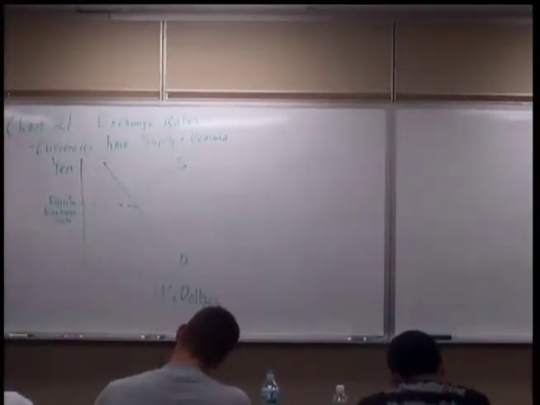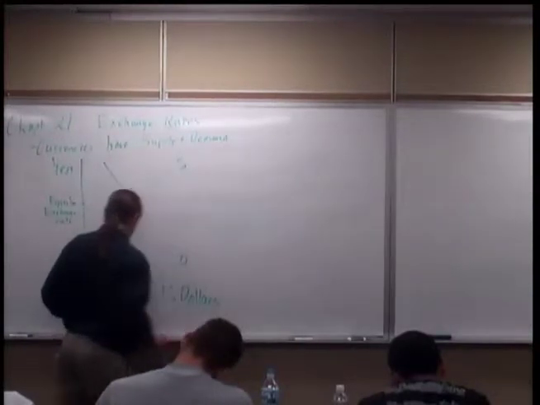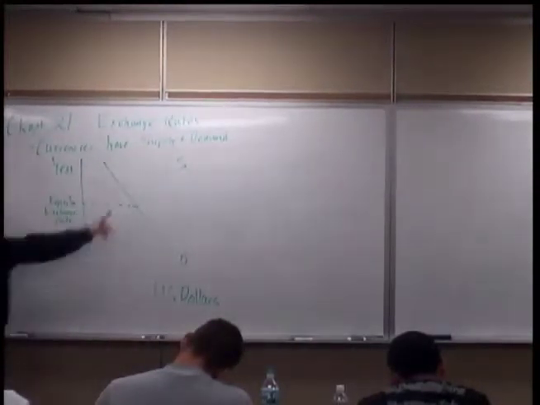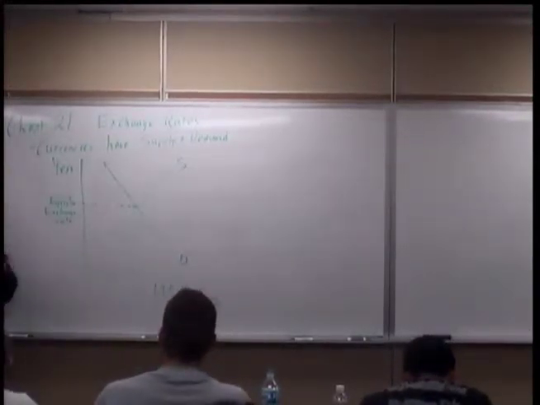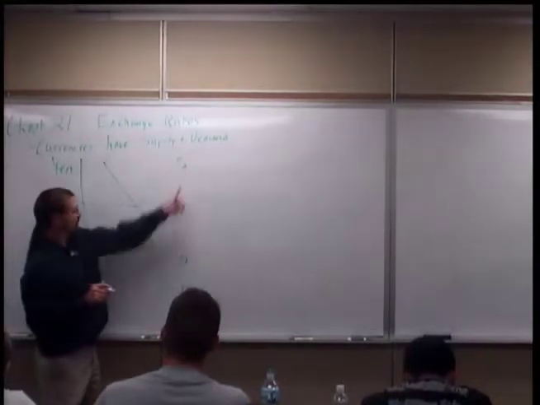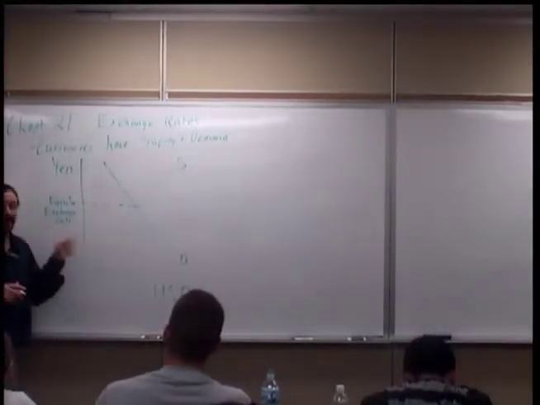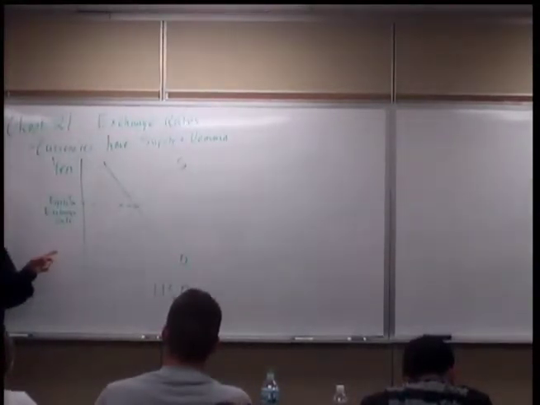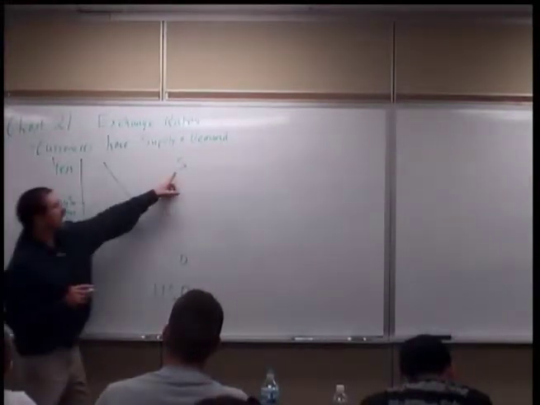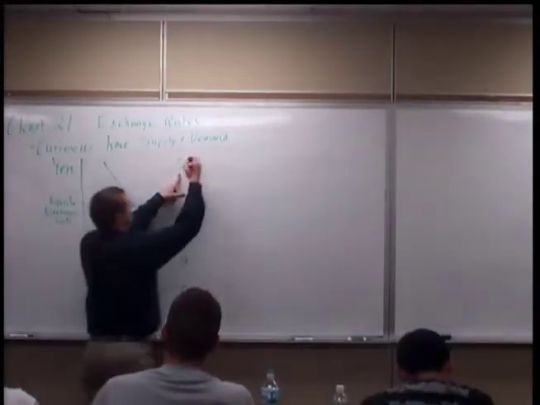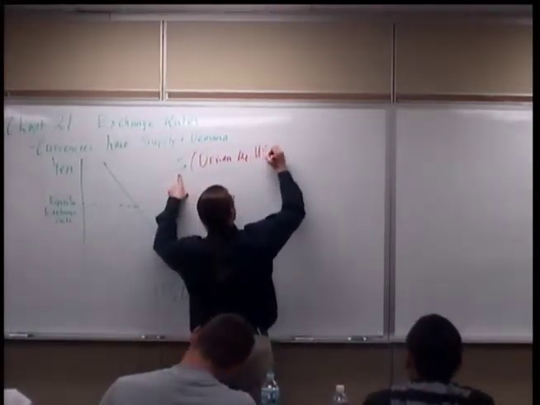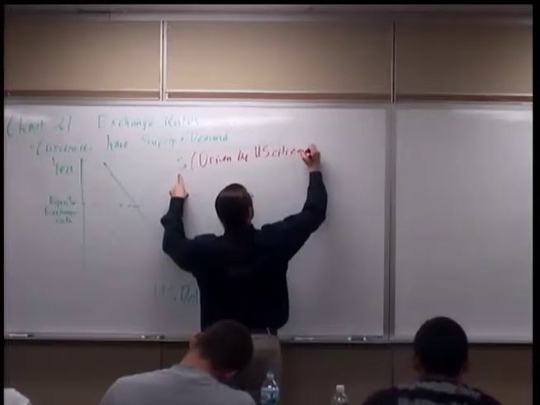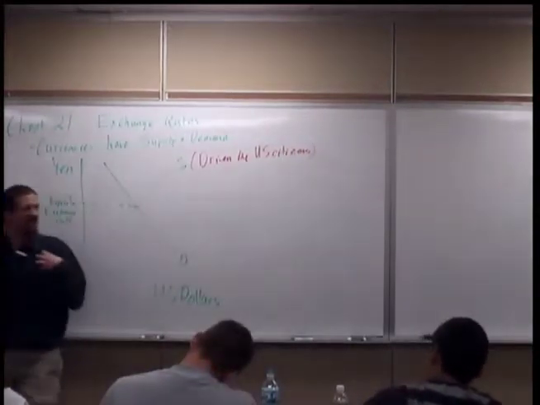Now, as you are probably guessing in your heads right now, it is when supply or demand shift that the exchange rates change, which makes sense, all right? Now, the question is, what moves supply and what moves demand in the currency markets, all right? The supply will always be driven by us.